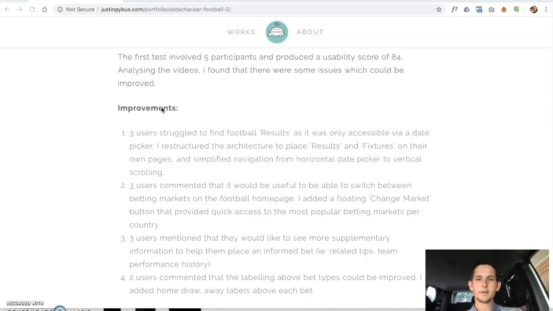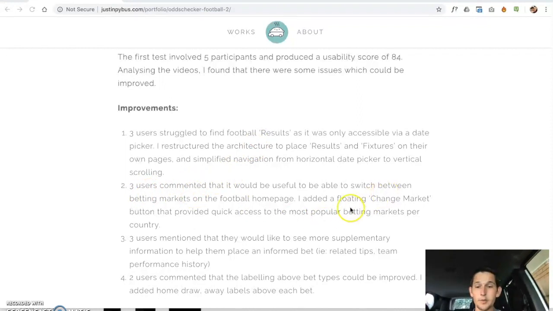And some examples of the feedback that we got on the prototypes was that 3 users struggled to find the results area for football, so we had to tweak the way that we designed that page. Three users commented that it might be good to switch between betting markets when they're on the football page.